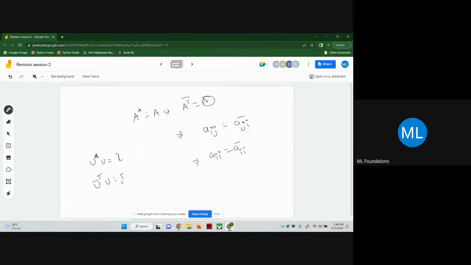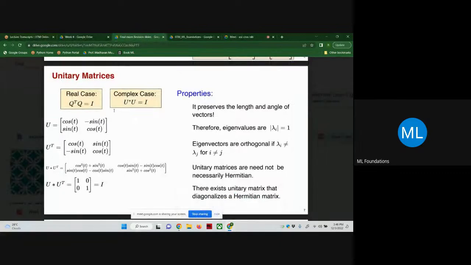So U transpose conjugate U is equal to I, or U conjugate transpose U is equal to I. If that is true, then that's called a unitary matrix.